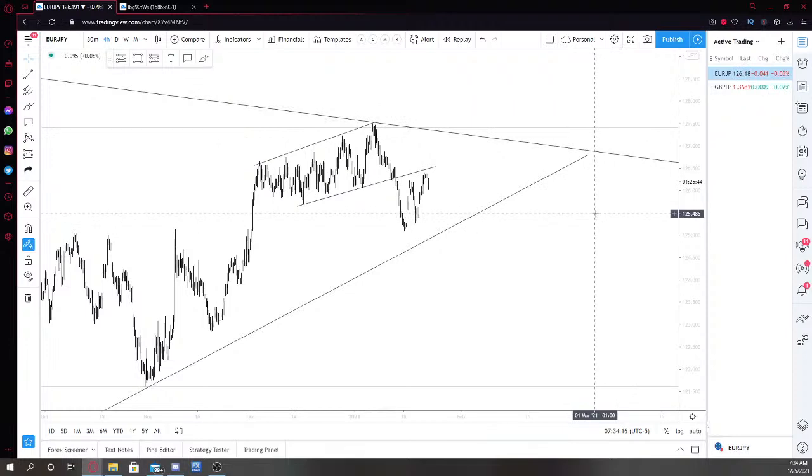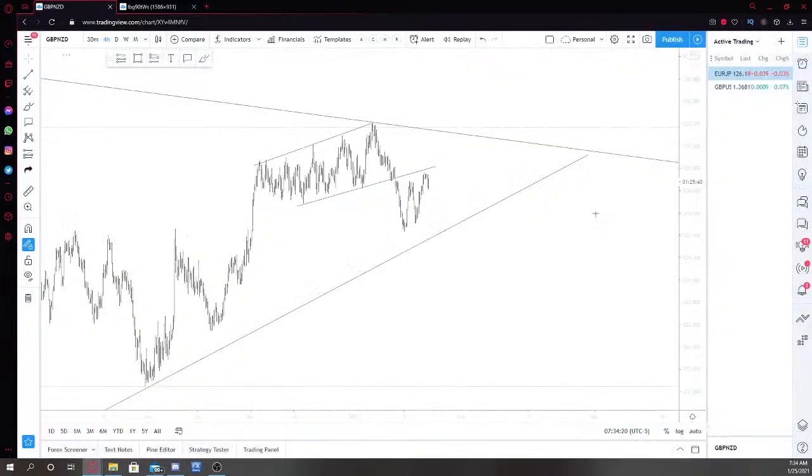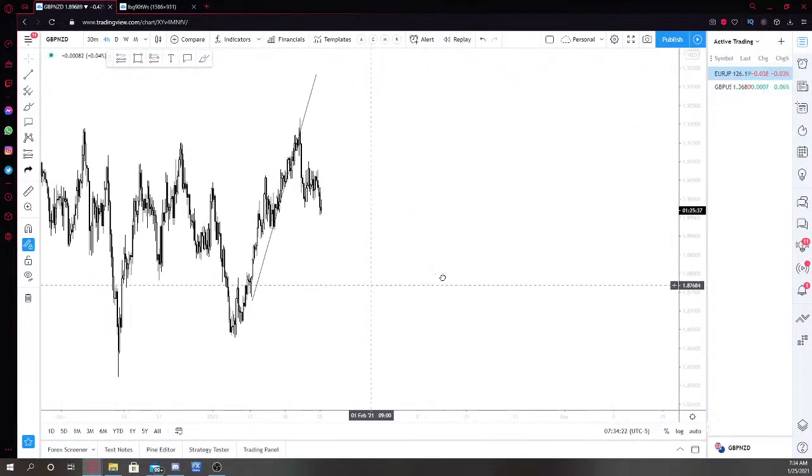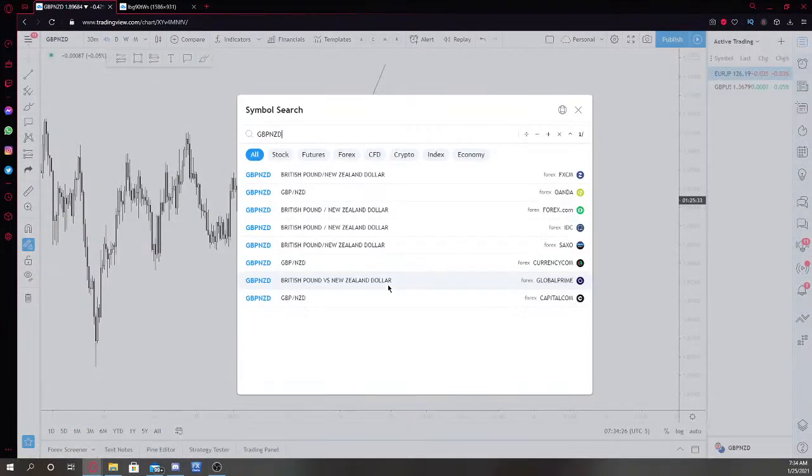Okay, let's go to GBPNZD, which is looking for a sell. Looks like we kind of got a portion of that sell already.